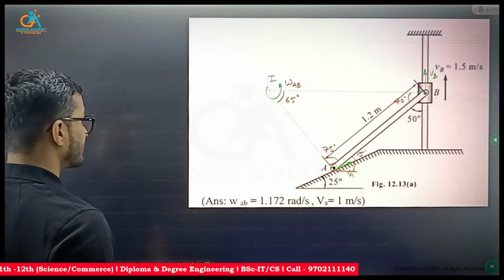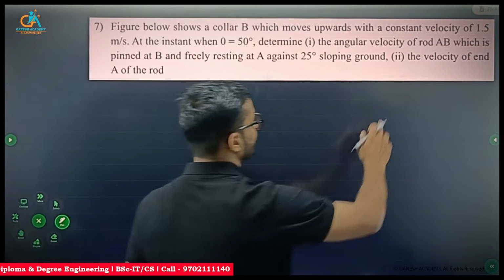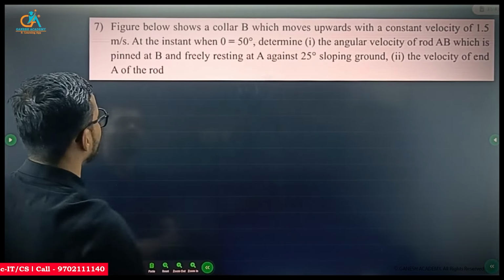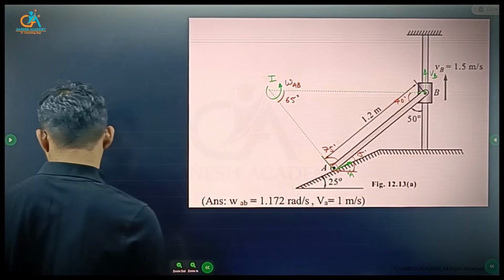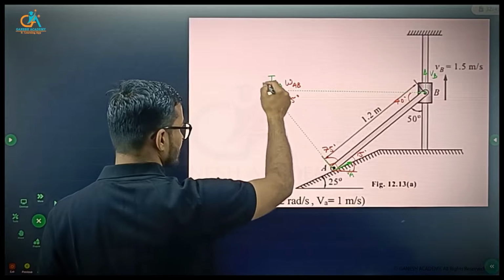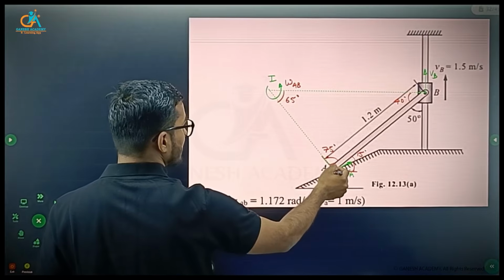Next, the velocity of end A of the rod. So velocity VA. How to find it? We have again the relation V is equal to R omega.